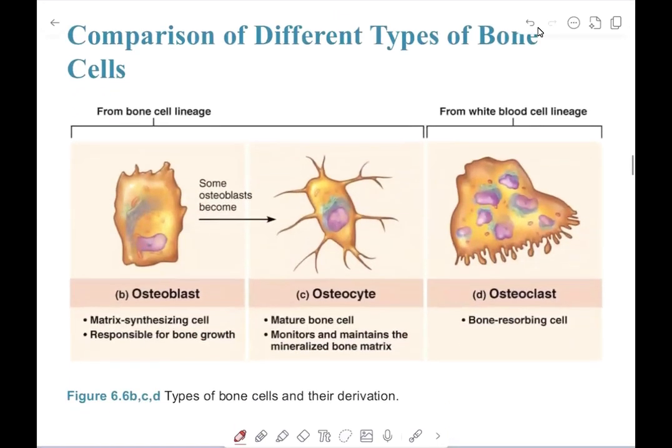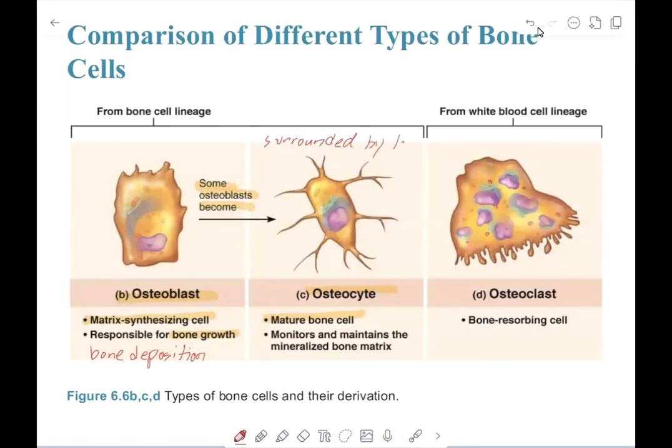So let's compare the different types of bone cells. So we've already looked at the osteoblast. It's the matrix synthesizing cell responsible for bone growth. And remember, that is bone deposition. Very important to remember. Some of these osteoblasts are going to become osteocytes, which are mature bone cells. And at this point, they are surrounded by a lacuna.